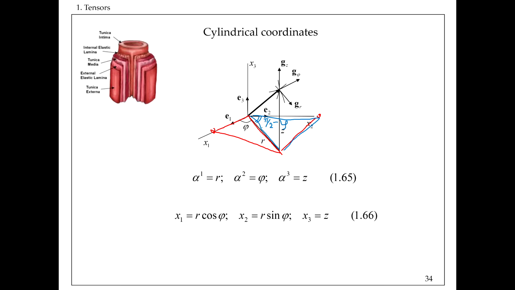But cosine of half pi minus phi is sine phi, so we get x2 equal to r sine phi. And now this location, projected exactly here, will be exactly the same location as z.